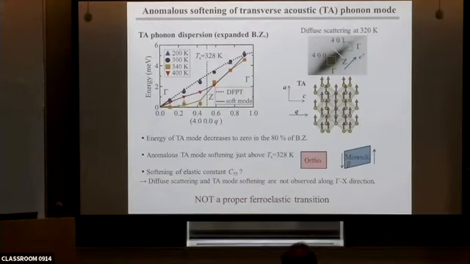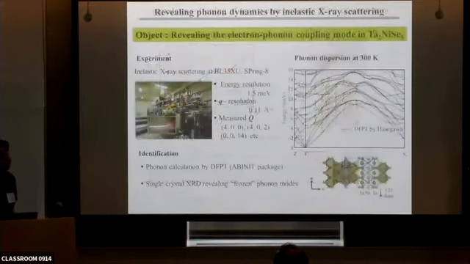However, from the symmetry consideration of the shear strain, because the transition occurs from orthorhombic to monoclinic, I would like to point out that this is not a proper ferroelastic transition. There might be other phonon modes which play an important role in the excitonic phase transition.